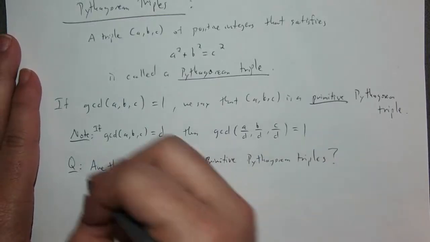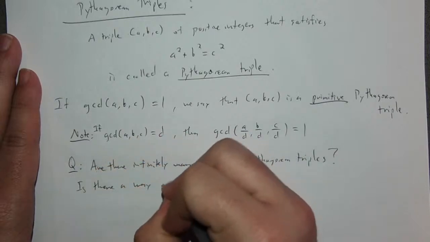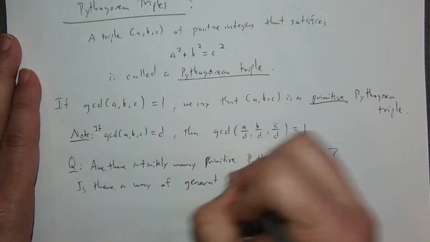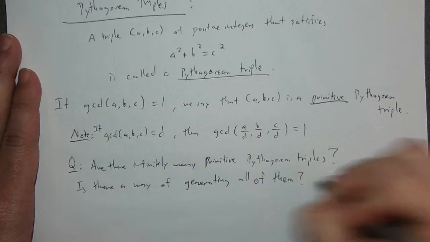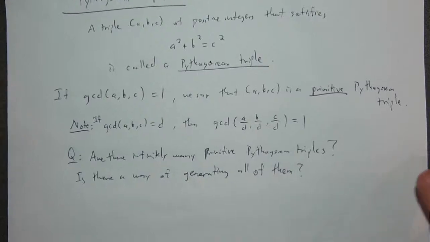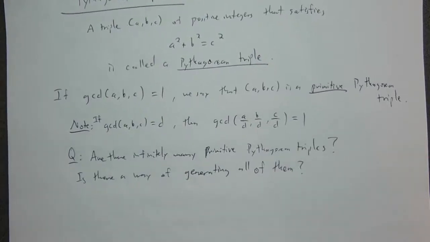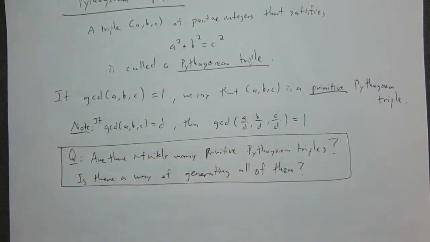A secondary follow-up question: is there a way of generating all of them? The answer to that question is also yes, although like I said, I'm not really going to go through the proof of it. All right, so this is the central question of this little discussion.